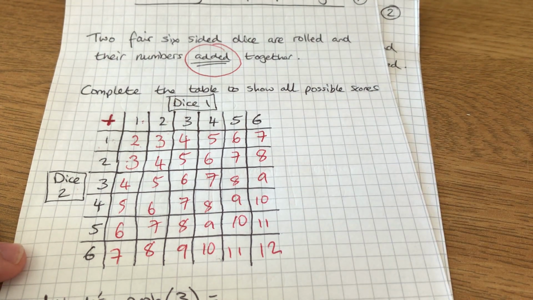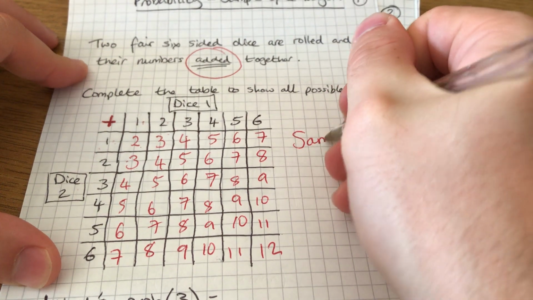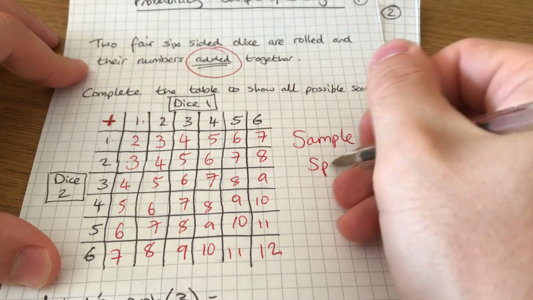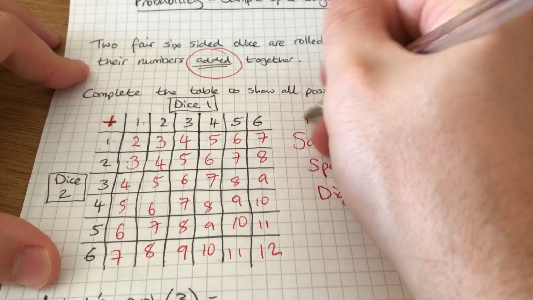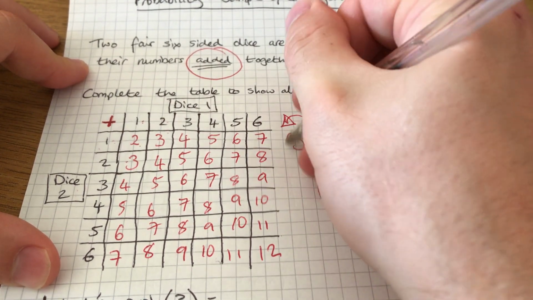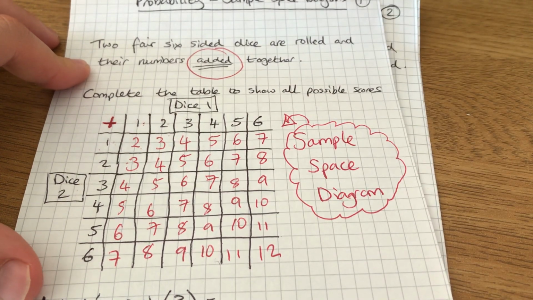And there is our sample space diagram. So just to be clear, that is a sample space diagram. Don't forget that. That's what it is.